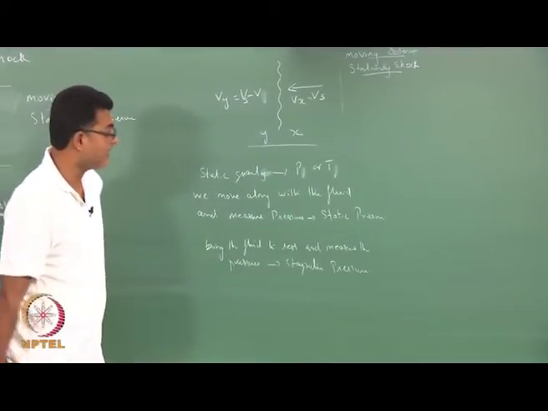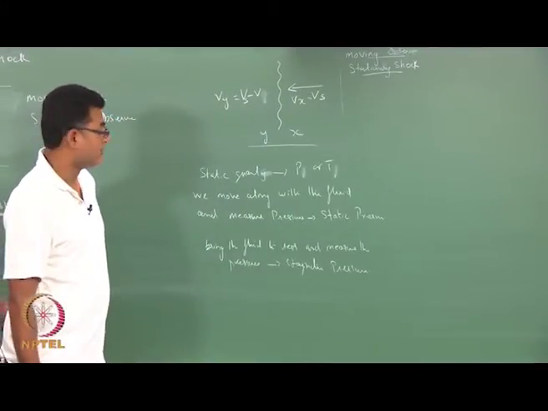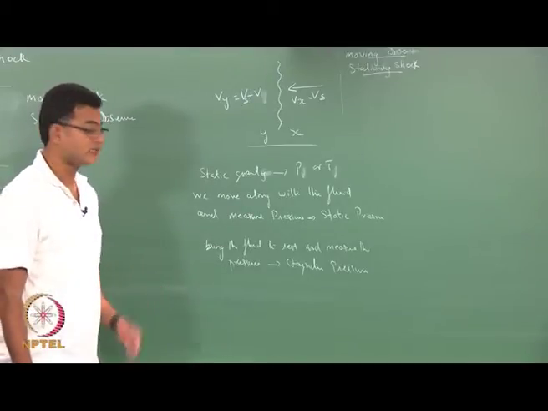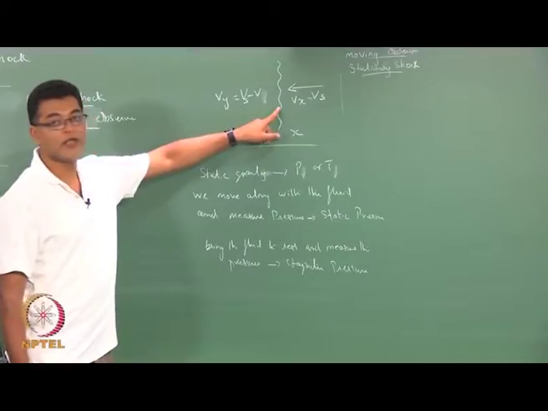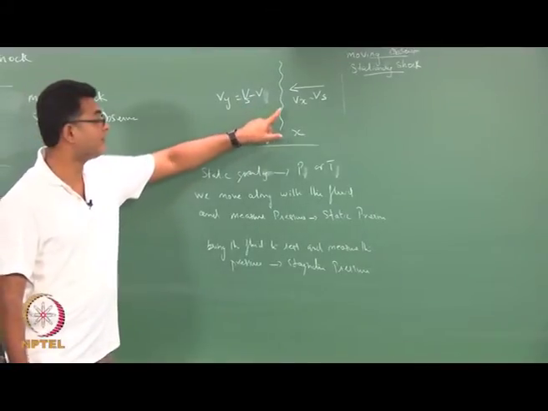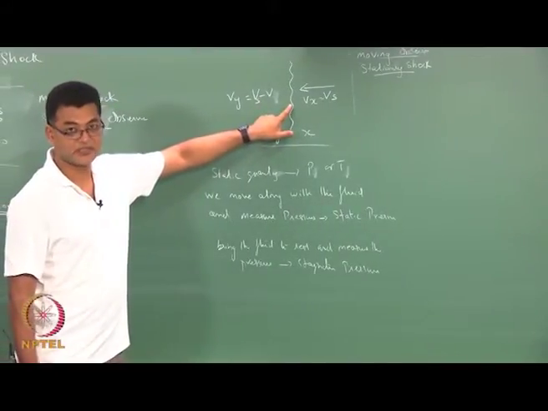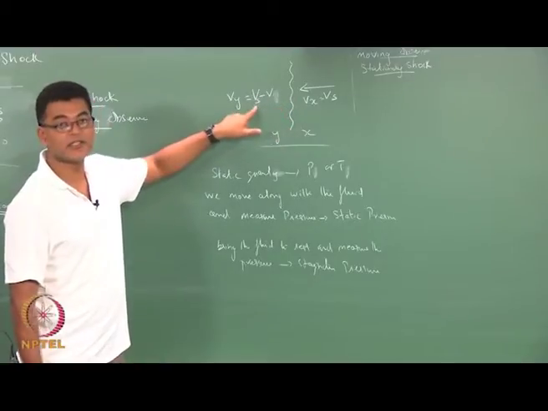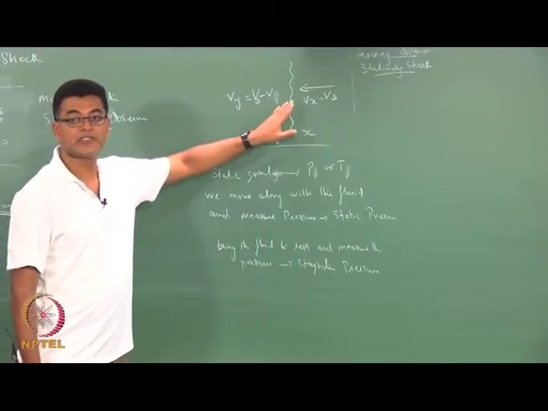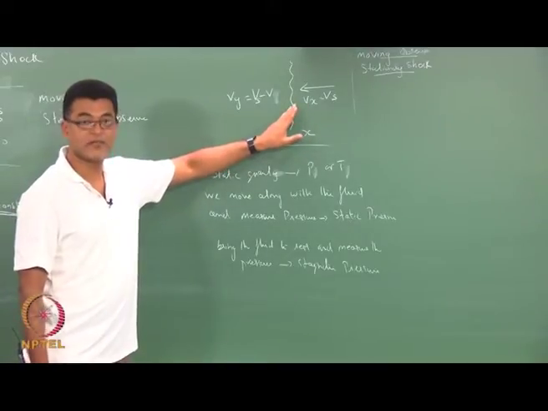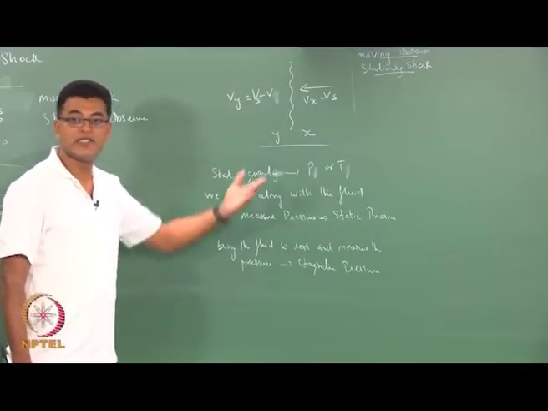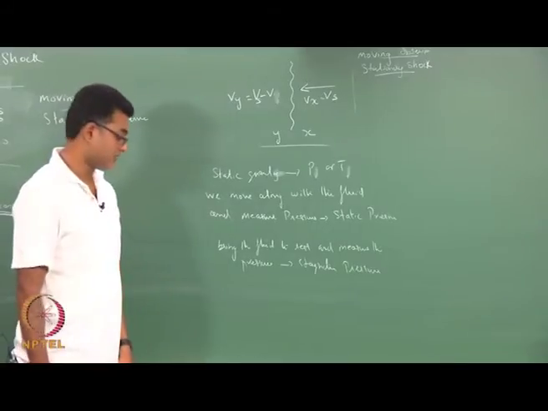This is something which we had defined during our definition of the stagnation state. Now, we have a situation here where we are moving along with the shock. If I move along with the shock and measure the pressure, I would be measuring my static pressure. If I measure the temperature while moving along with it, it will be static temperature.